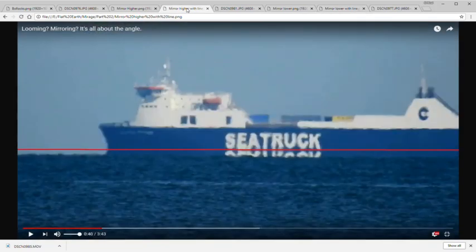And when you get higher, the line goes down. So this is a demonstration of curvature because of that parallax shift. If the ship and the water were right, that water level was right up against the ship, you wouldn't see it.